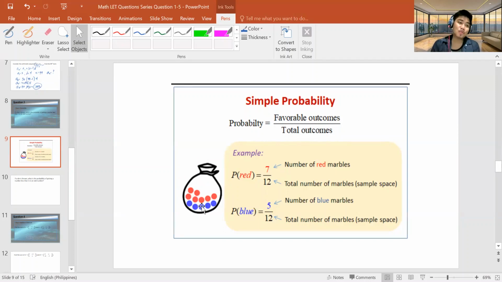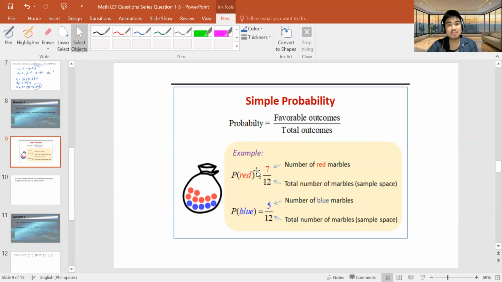For example, you pick one marble from the bag. What is the probability that what you get is red? Or the probability that it is blue?